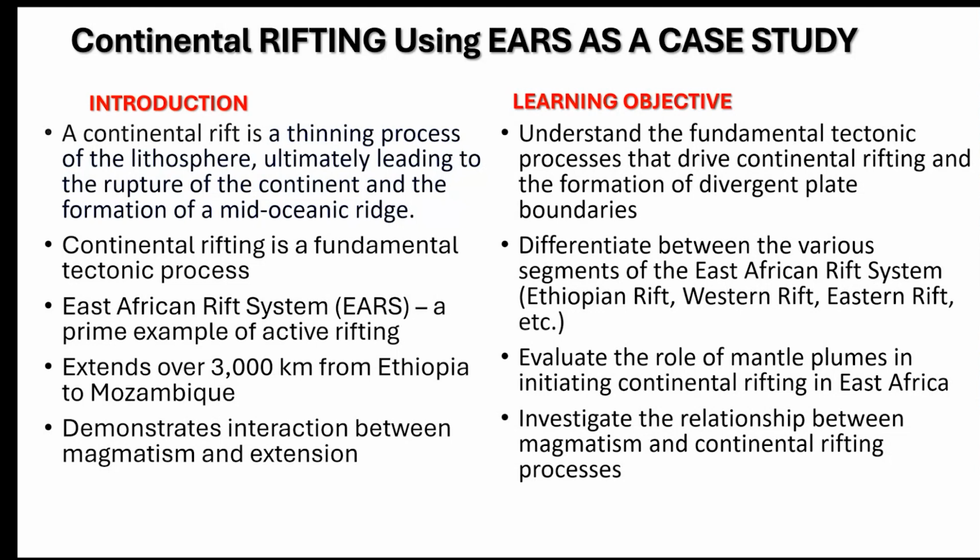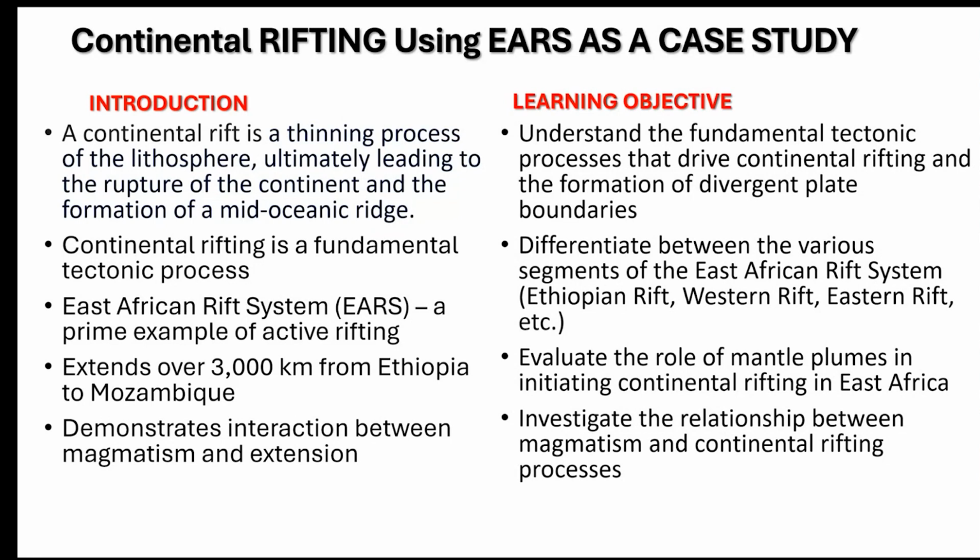For my presentation today, I have some introduction outlined and also learning objectives. First, one might ask, what is a continental rift? A continental rift is a thinning process of the lithosphere, which can be visible on the surface, leading to rupture of the continent, separating the continental crust and giving rise to a new ocean.